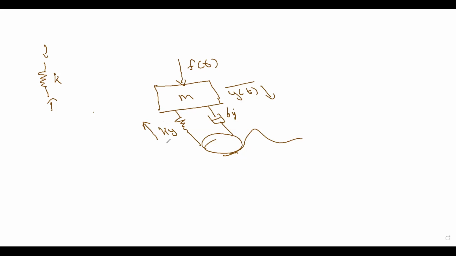So we can apply F equals ma, and we'll get m y double dot is equal to the sum of the forces. So simply, this is the ma part, and the F part is the resultant force.